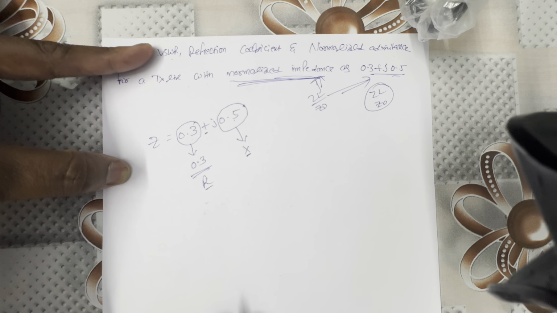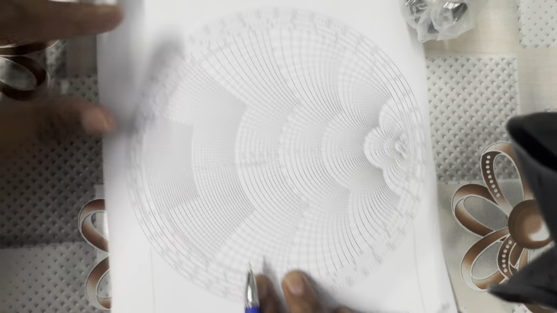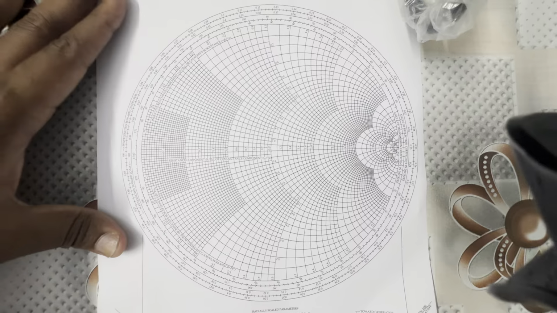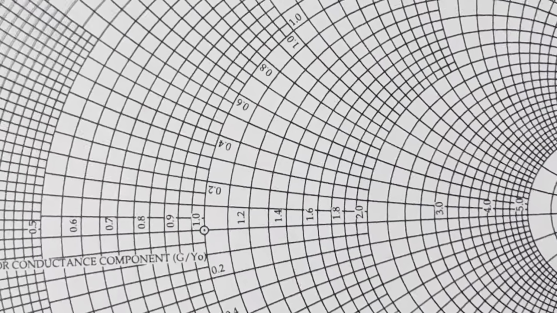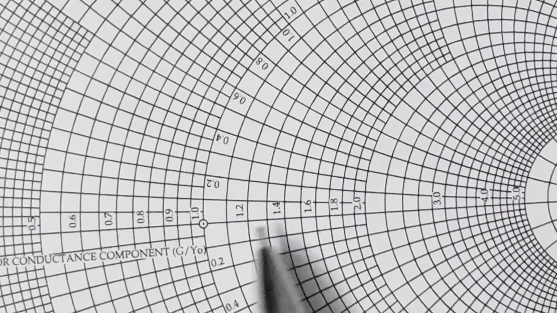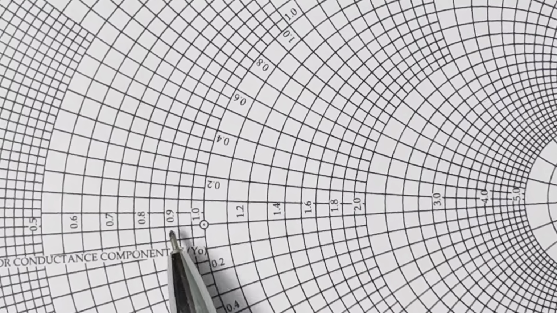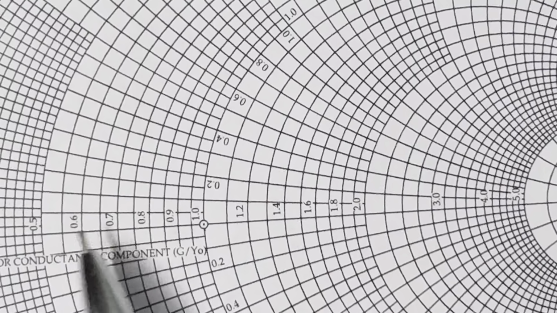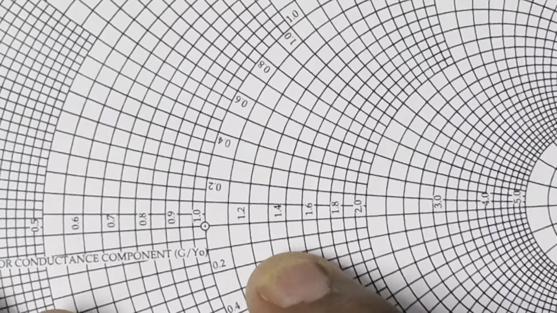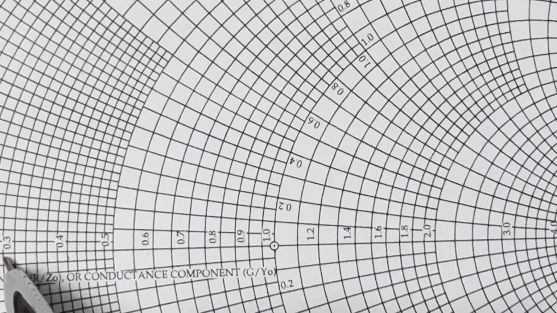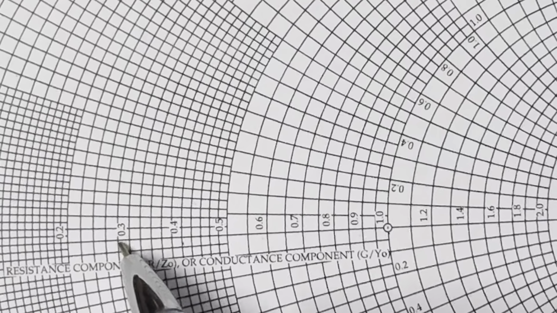So 0.3, look at here, Smith chart. Here it is 1. 1 is the center, 0.9, 8, 7, 6, 5, 4, 3. 0.3 is here.